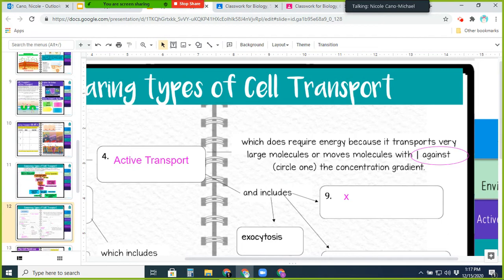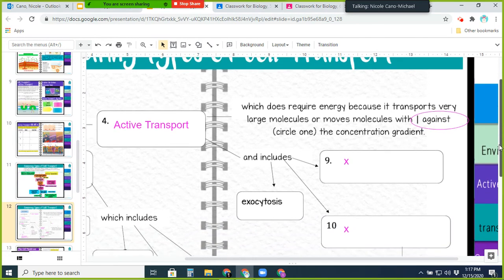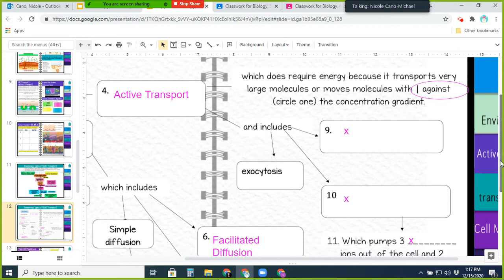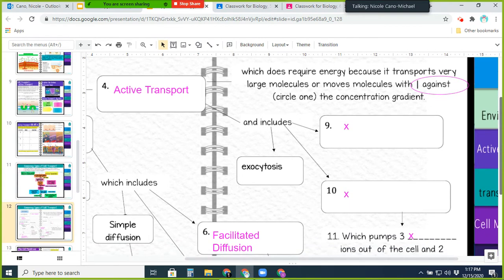So if I am moving against the concentration gradient, if I am moving very, very large molecules, then I need to have active transport. And what makes active transport different than passive transport is that active transport requires energy.